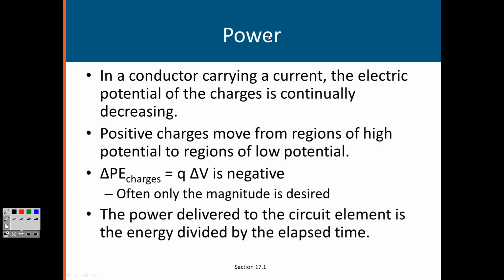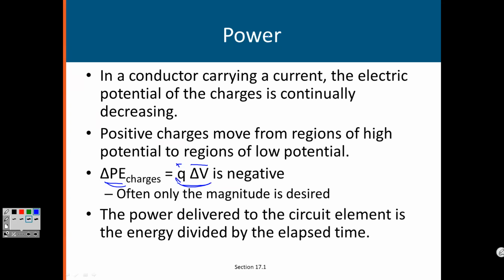energy is decreasing. So the change in the potential energy is Q times delta V. Suppose it is positive charges, delta V will be negative because positive charges move from high potential to low potential. Q is positive, so the change in the potential energy is negative. That means the potential energy is decreasing.